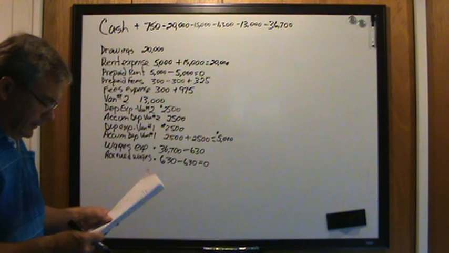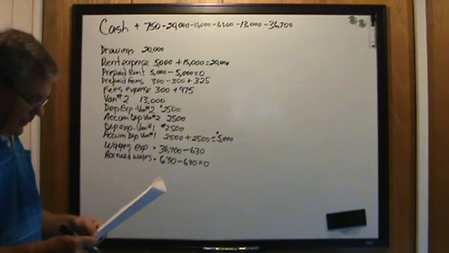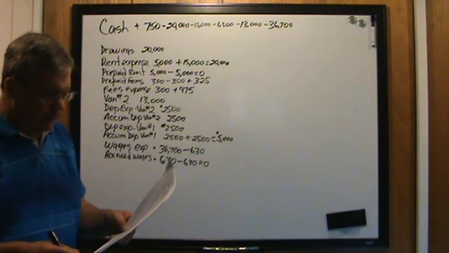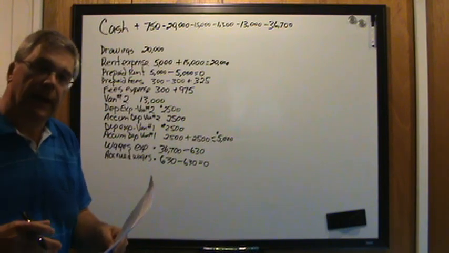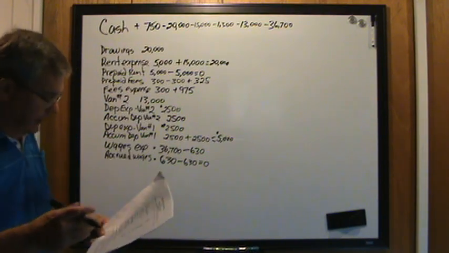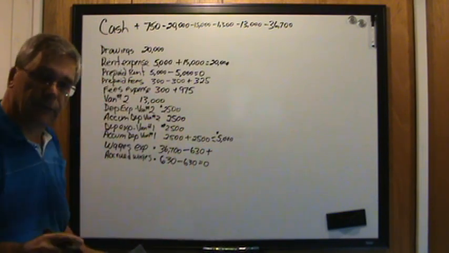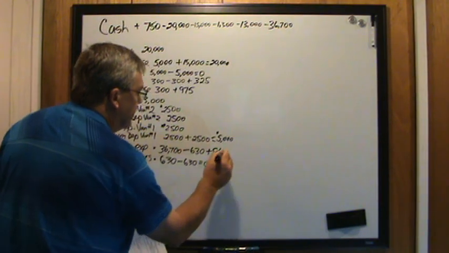Now finally, at the end of the year, employees had earned $860 of wages for the last week of the year, and it won't be paid until next year. So that $860 is a wage expense for this year, so $860 is added back in here.